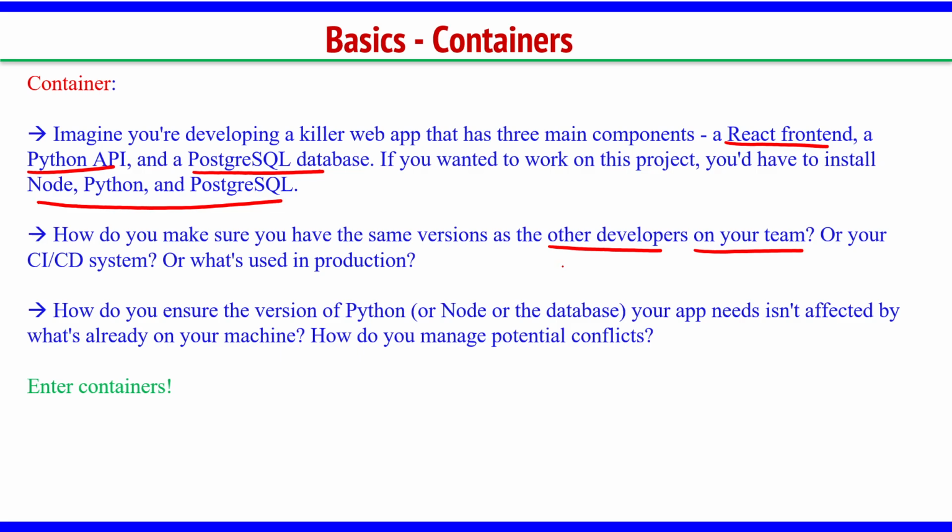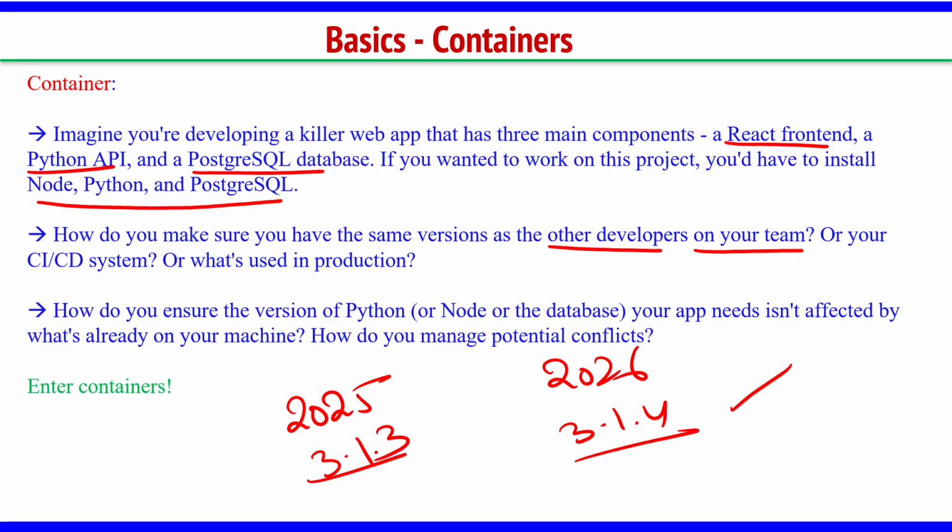No. Somebody who joined the team in 2025 might have installed 3.1.3. You joined in 2026, you have the latest version. So the version of the software installed on your machine and your colleagues' machines could be different.